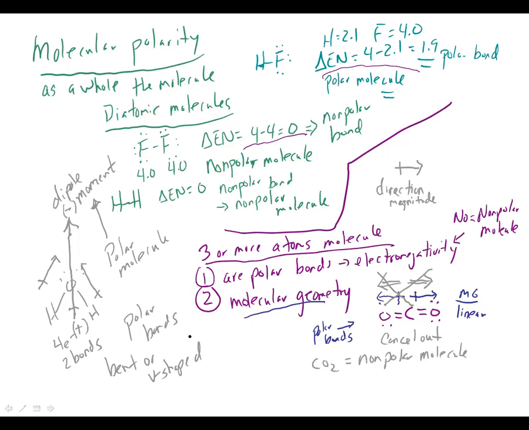So these are two really good examples. Over here with water, we have polar bonds, and because of the geometry, it will be a polar molecule. While CO2 is a very good example that you can have polar bonds, but they can cancel each other out and become something that is non-polar. And just a quick vector addition of how that all works.